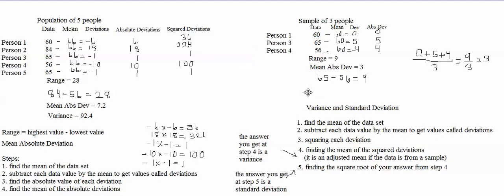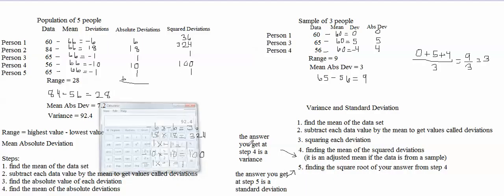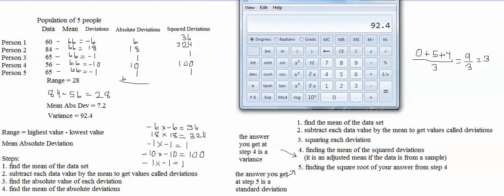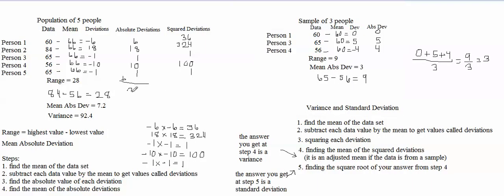Sometimes I like to write out the work like this. For the mean absolute deviation and the variance. And what we just added and divided by 5.